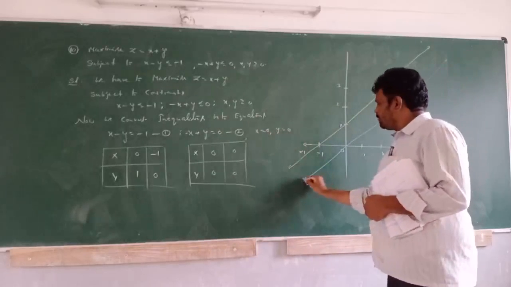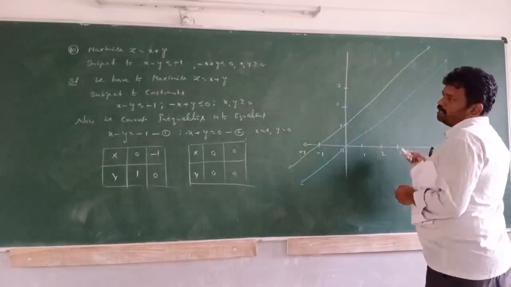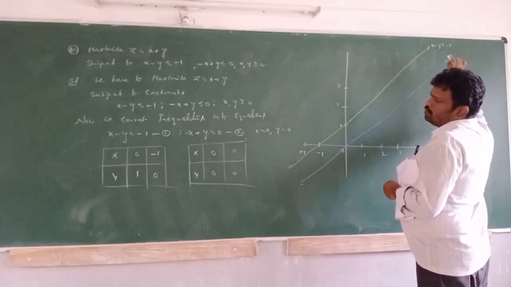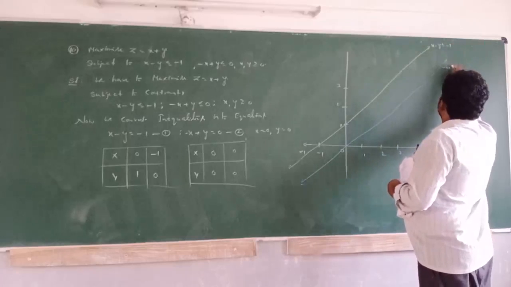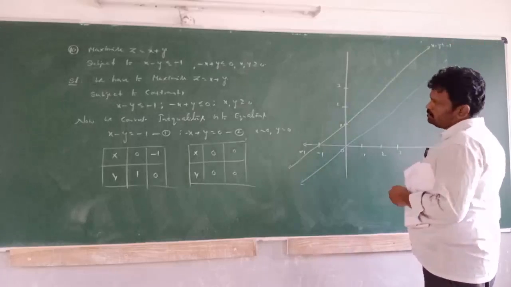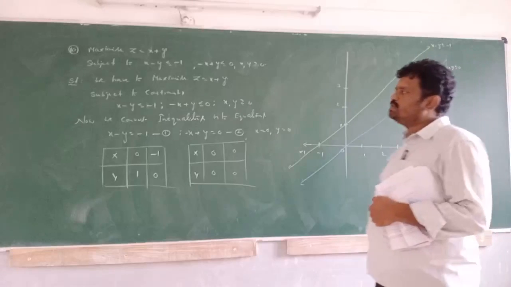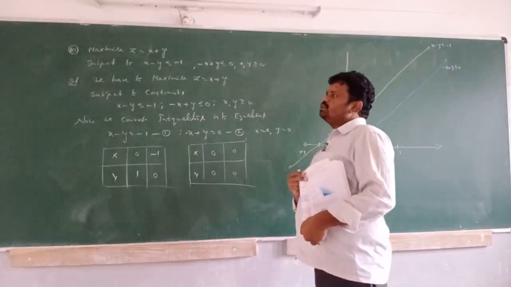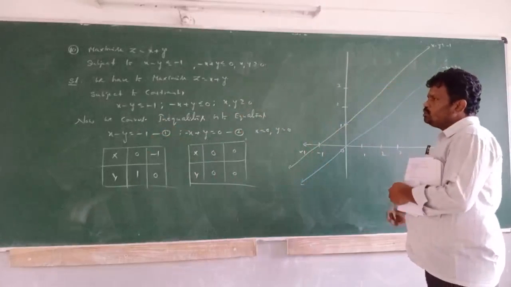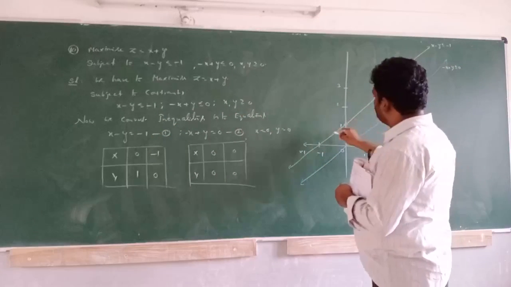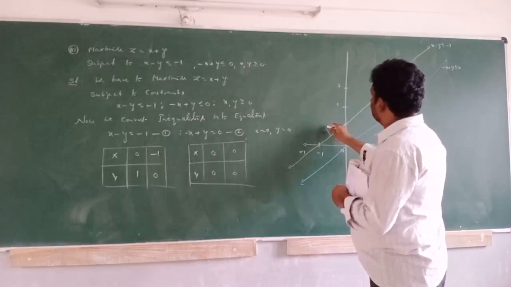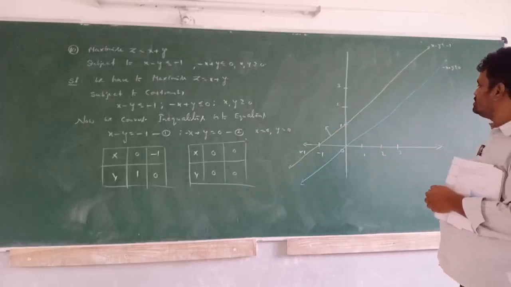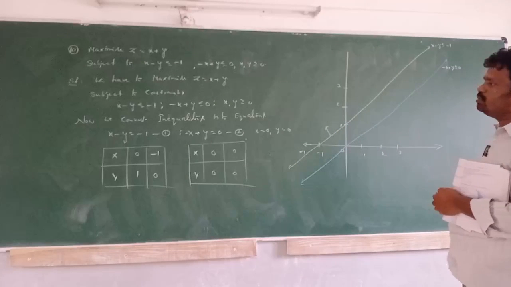Okay? So the inequalities from here: x minus y is greater than or equal to minus 1, and minus x plus y is less than or equal to 0. Now, substituting into the inequality: here 0 is greater than or equal to minus 1, so it is satisfied on this side. Next, minus x plus y: 0 is less than or equal to 0, so satisfied, but this line passes through the origin.